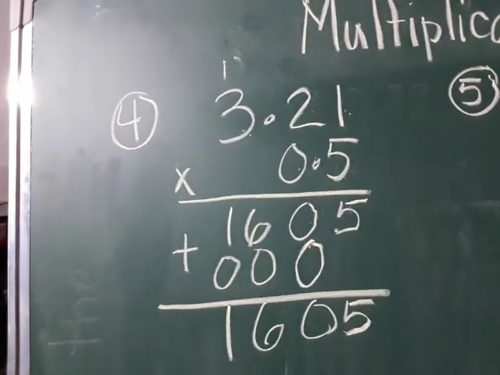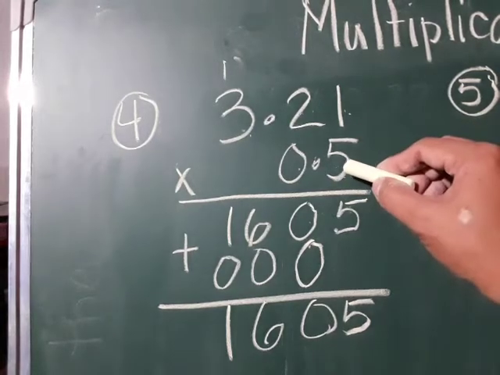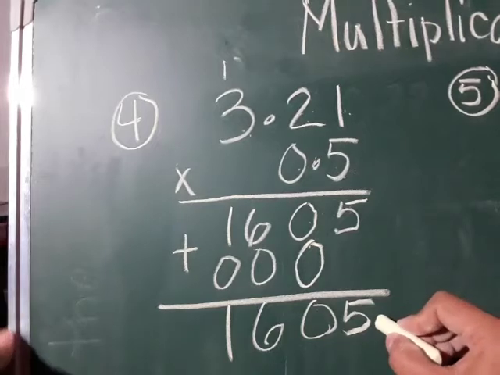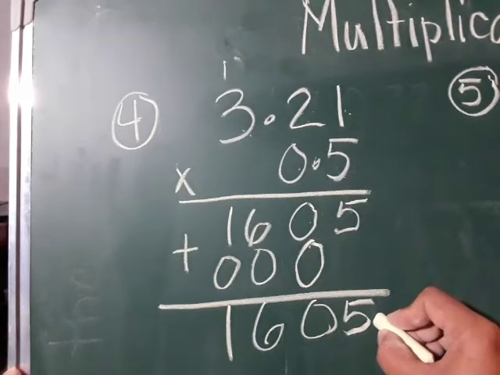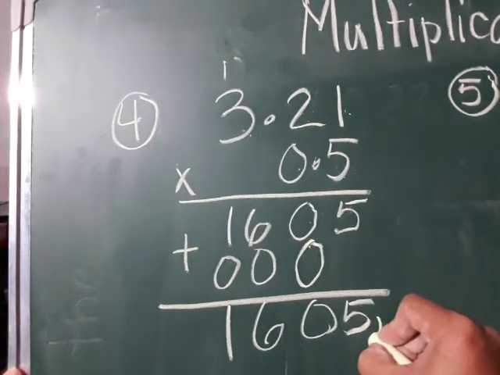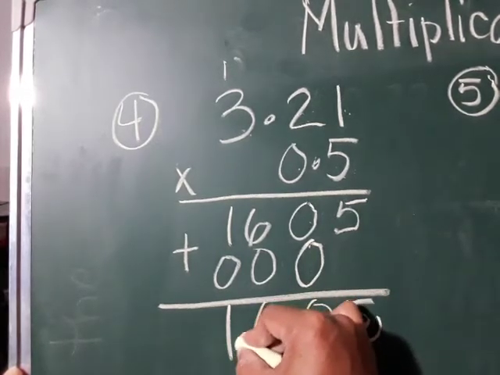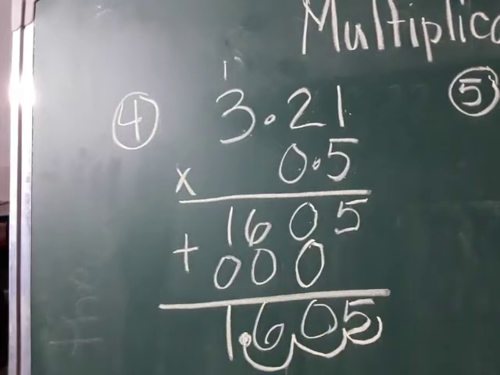Next, we're going to count the number of decimals. 1, 2, 3. So, let's step backward. 1, 2, 3. So, the decimal must be here.